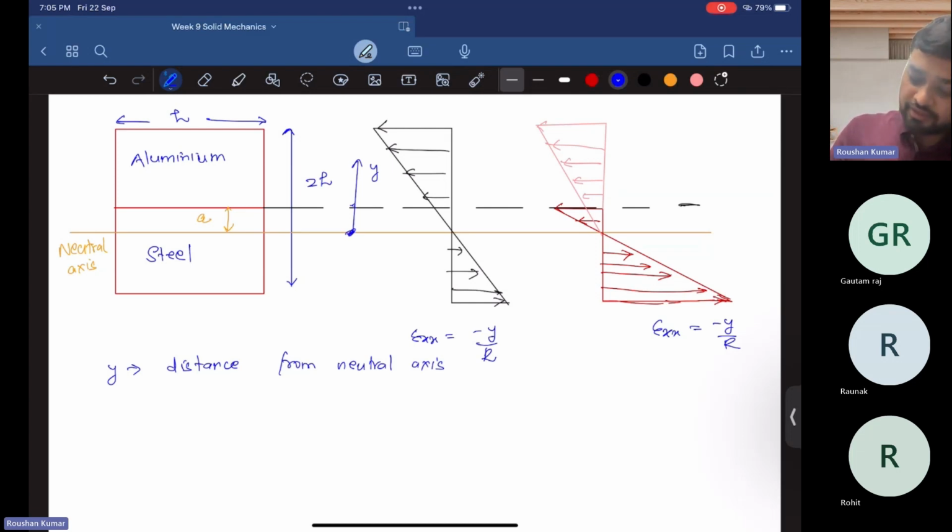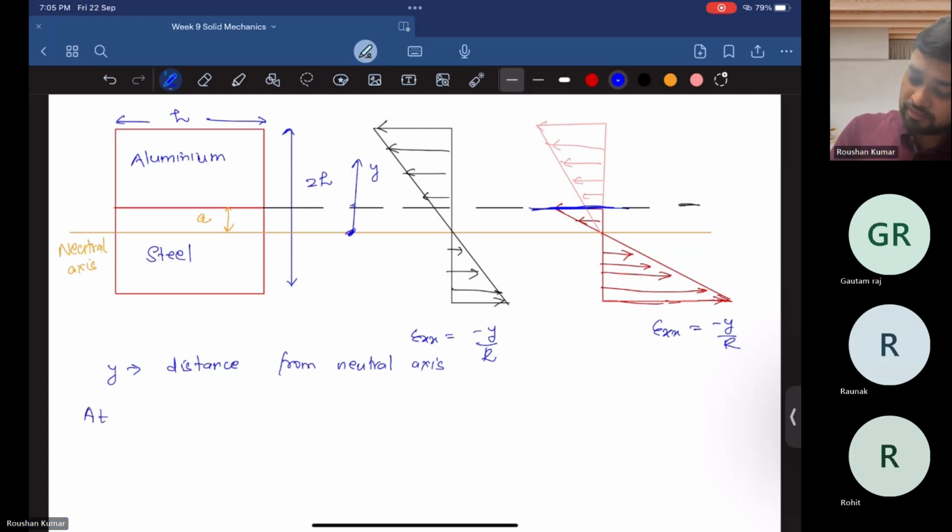Here the bending stress profile will be discontinuous at the location where the material changes. There is a material change on this line, so that's why there is a property change and the bending stress profile is discontinuous at this location.